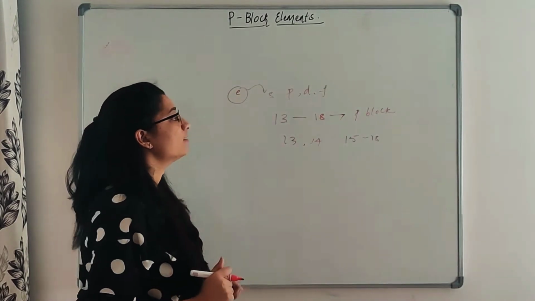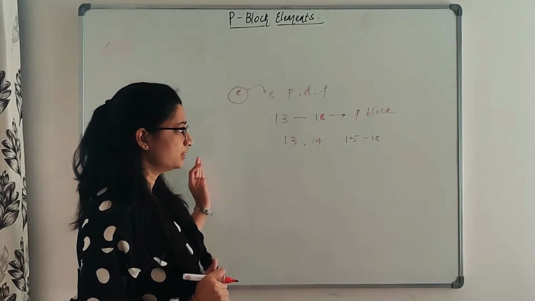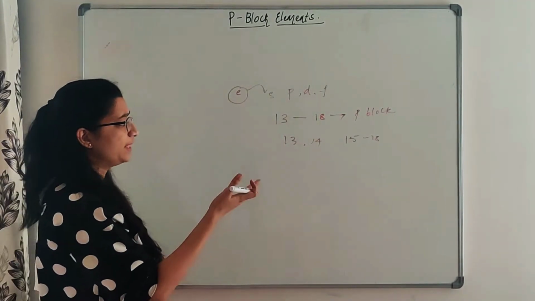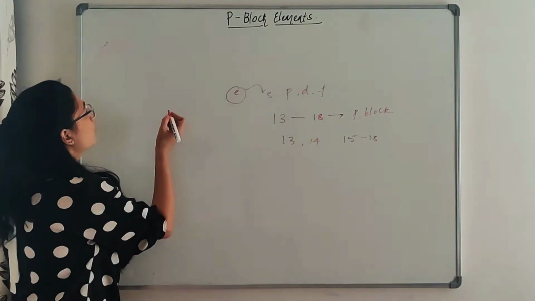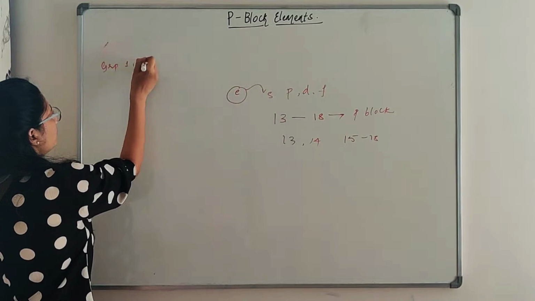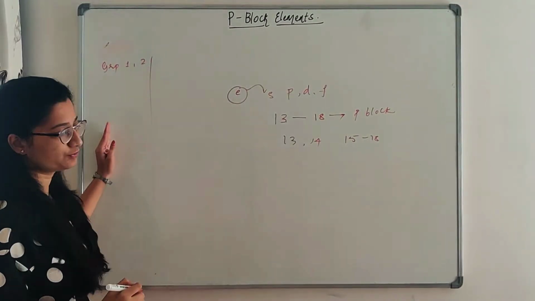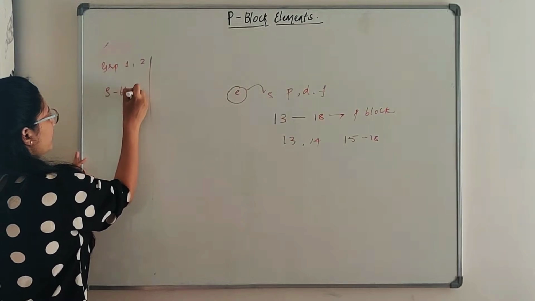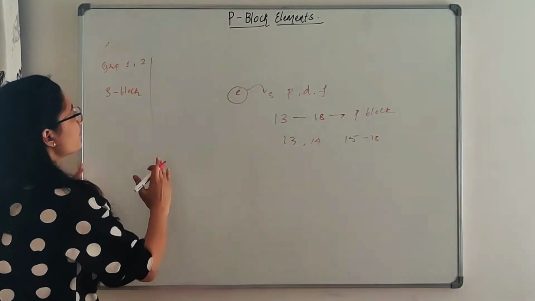Then coming to where we have placed these elements in the periodic table: groups 1 and 2, on the left side of the periodic table, we call them S block elements.